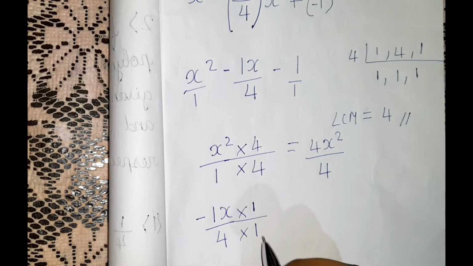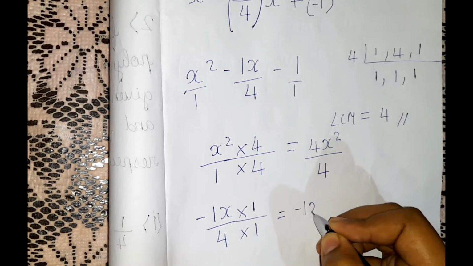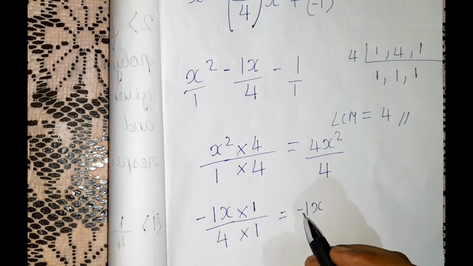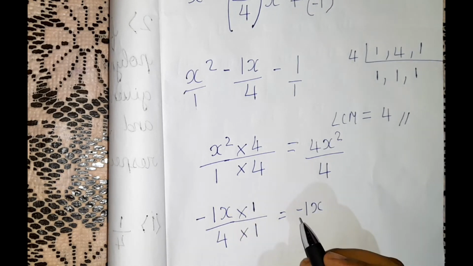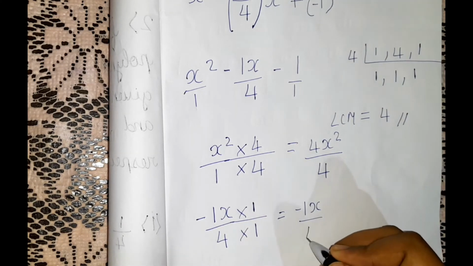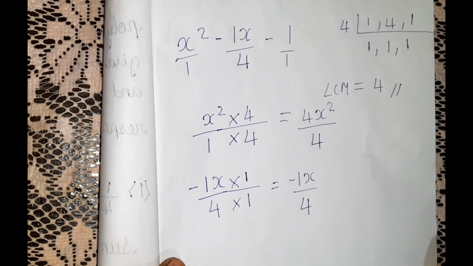Because that is the rule. So 1 into minus 1x is minus 1x, because 1 1s are 1, plus into minus is minus, and x I wrote as it is, divided by 1 into 4 is 4. So we got minus 1x divided by 4.